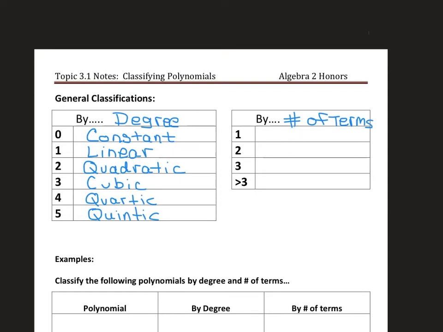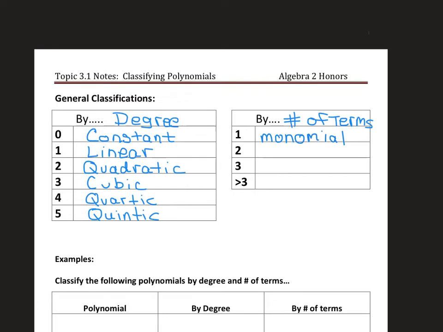There are additional adjectives we could use to describe higher powers, but for the most part we won't be doing too much work with powers higher than 5. If we wanted to classify polynomials by the number of terms, we've got some vocabulary there too. If we have one term, the root word for one is mono, so we would call that a monomial.